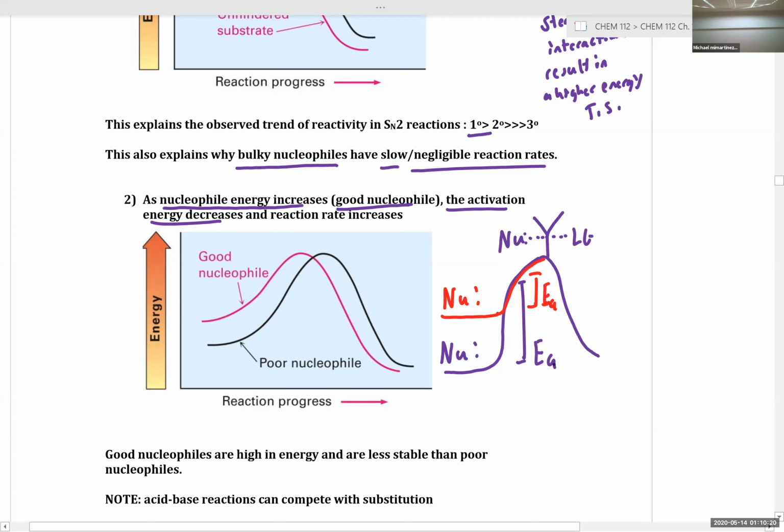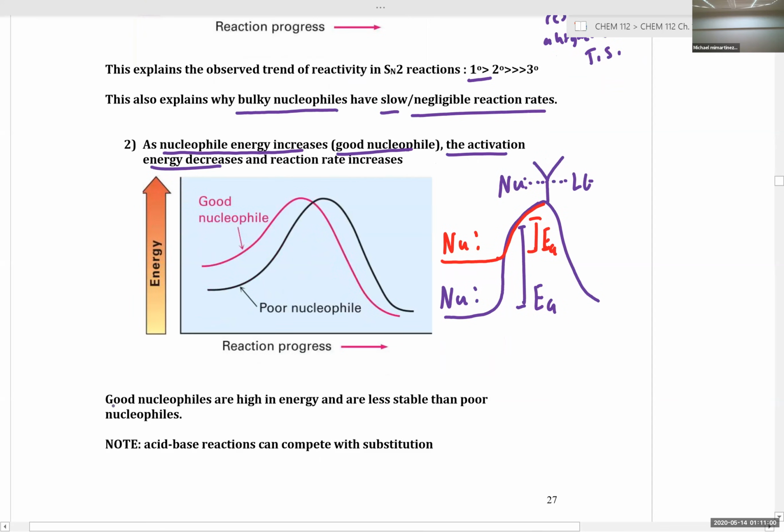Essentially, the better your nucleophile, the higher energy your nucleophile, the less energy is required to reach your transition state, in other words, the lower your activation energy. That's mostly because regardless of whether you have a good or a poor nucleophile, your transition state energy won't change substantially as you change your nucleophile's strength. There is some variation, but the relative energy of your nucleophiles is a much greater effect in terms of the rate of SN2 reaction.